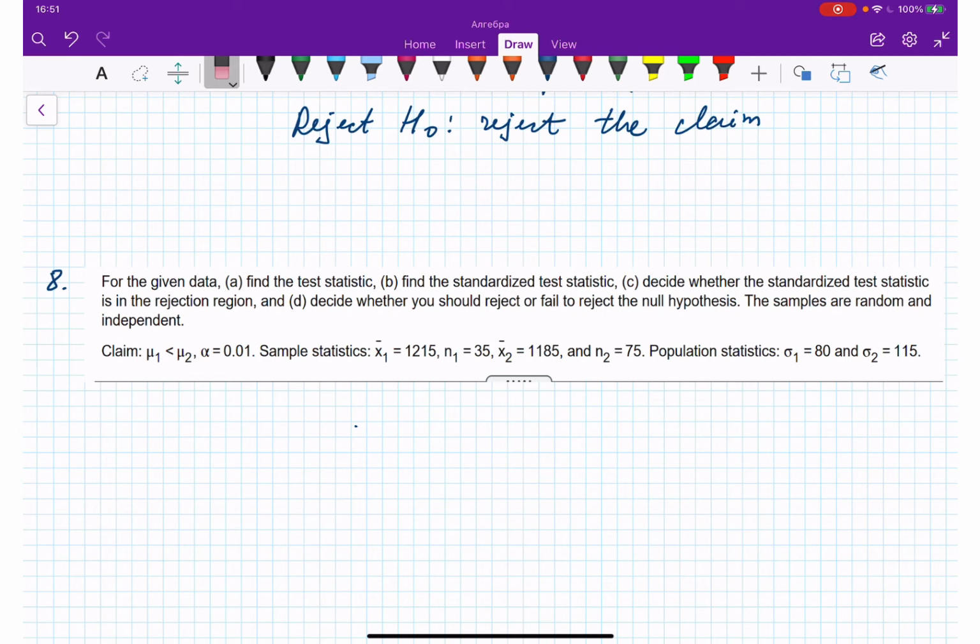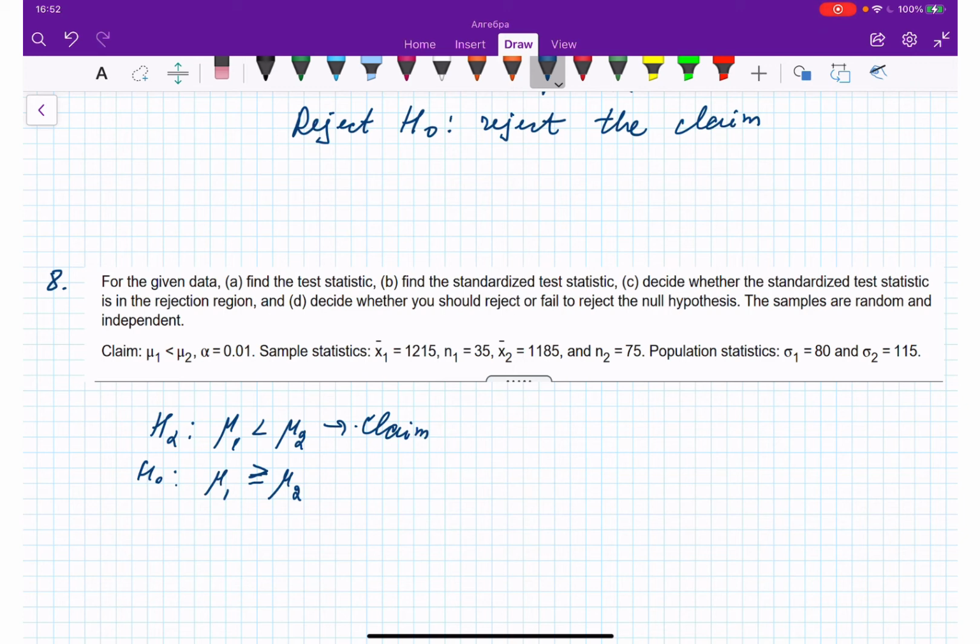That's our alternative hypothesis, so mu1 less than mu2, and this is our claim. Accordingly, the null hypothesis is going to be mu1 is equal mu2 or mu1 greater than or equal to mu2. One or another, both ways considered correct.